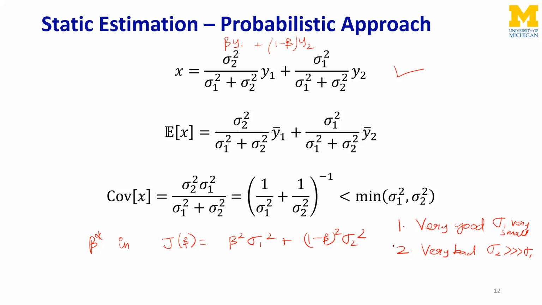What all the stuff that I've been showing you is saying is that even when you combine this very bad measurement with this very good measurement, the variance of your new estimate is going to be smaller, which means the accuracy of your estimate improves even with bad sensors. So you should be using as many sensors as you can.